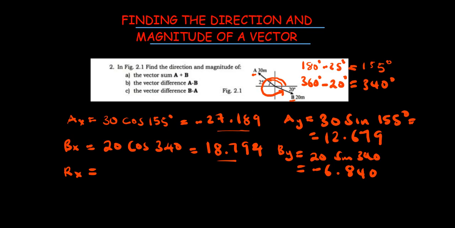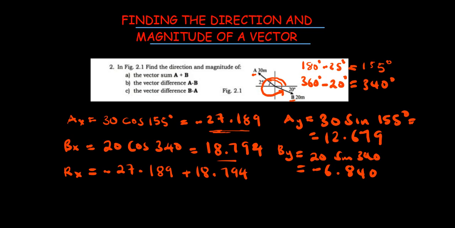For vector a, we have negative 27.189. Then I'm adding this plus my 18.794. So when I add that, what do I get?